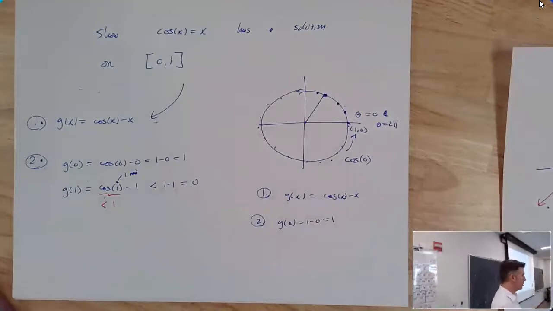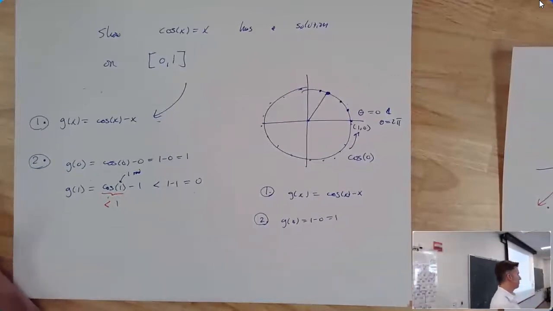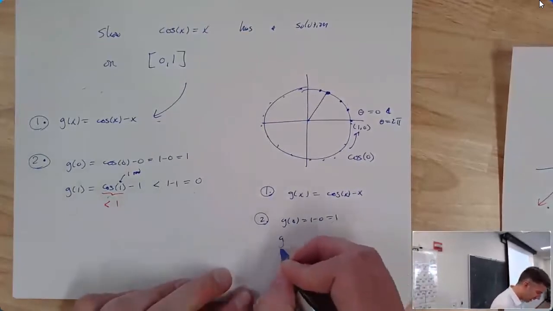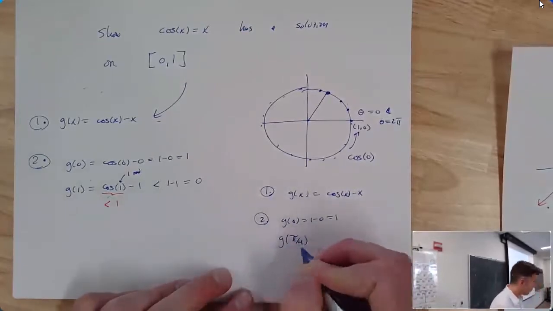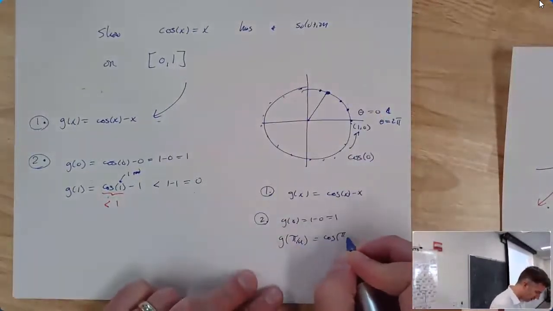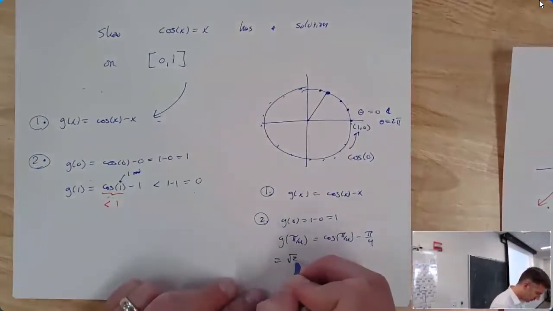So what's an angle that's less than 1? In radians, I can find cosine. Pi over 4. You could also try pi over 6, but I don't think pi over 6 actually works. Pi over 4 does. Pi over 4 is certainly less than 1. g of pi over 4 is cosine of pi over 4 minus pi over 4, which is the square root of 2 over 2 minus pi over 4.